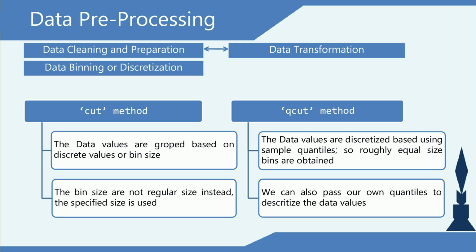On the other hand, a closely related function, qcut, bins the data based on sample quantiles. Since qcut uses sample quantiles instead of discrete bins, by default we will obtain roughly equal size bins.